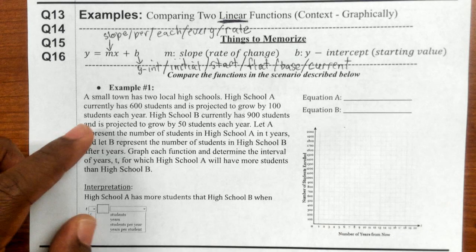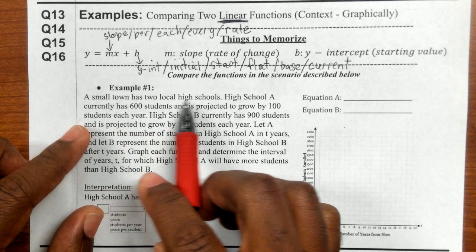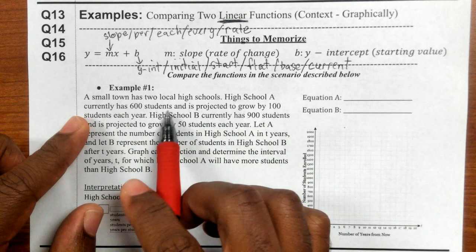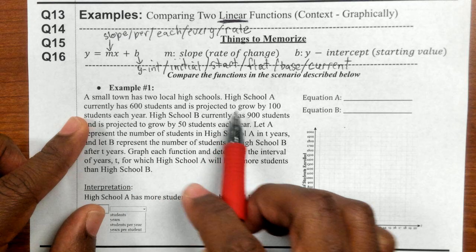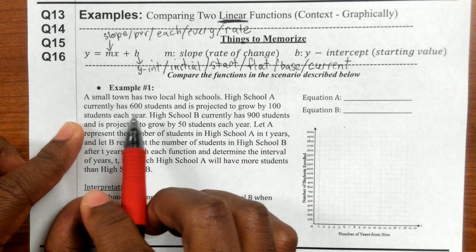So the question reads, a small town has two local high schools. High School A currently has 600 students and is projecting to grow by 100 students each year.